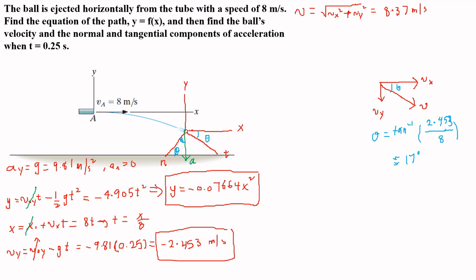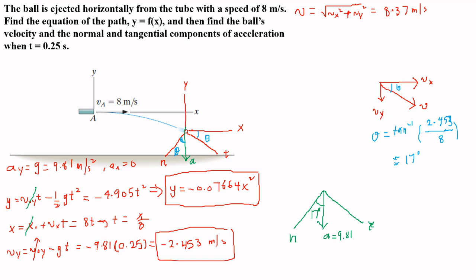Now, in terms of the n and t components, let me draw it one more time. I have the n axis here, and that is my tangential axis, so t and n. And here is the a, which is simply 9.81, and this angle here is the same 17 as well.